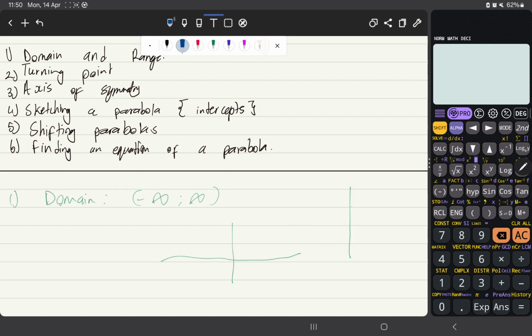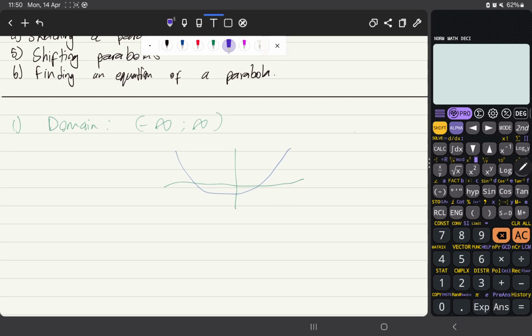So let's say we have a positive parabola here, and here we have a negative parabola. Maybe much more space would help. You see now your x values, these are the x values.